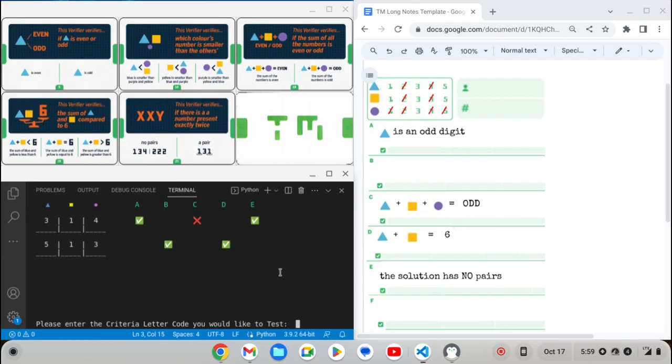And yes, square is the smallest. Since in my proposal, out of the 3 digits, 1 is the smallest, Turing Machine confirms that. Yes, square is the smallest. And so that should be our solution. But in our notes, we'll just say here that square is the smallest.